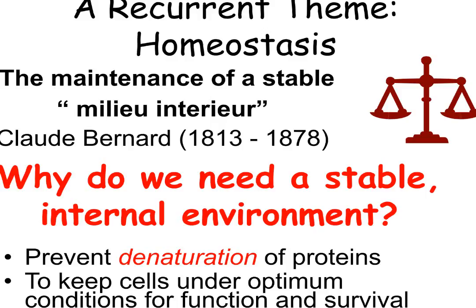We need to keep the cells under an optimal condition so that they can function and survive. Proteins are the workhorse of the cell. You lose your protein function, you lose the function of the cell. So again, it's all about the plasma, maintaining the plasma in a very stable internal environment so that we do not denature proteins.